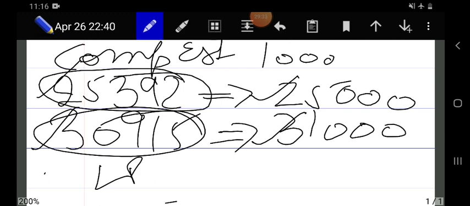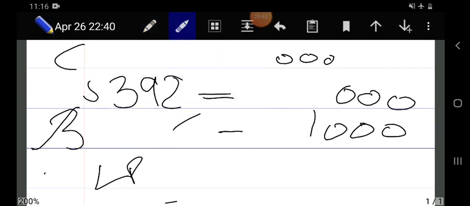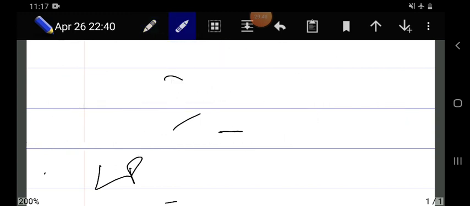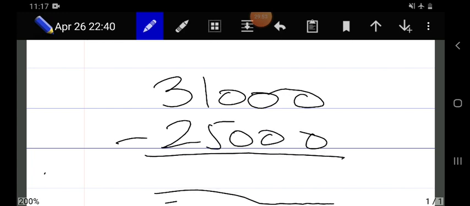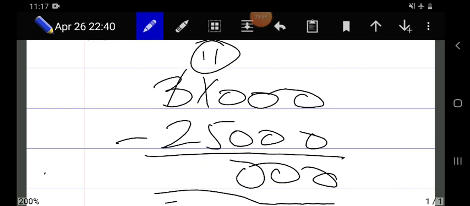So for finding the estimated value, we subtract 25,000 from 31,000. 31,000 minus 25,000: 1 becomes 11 and 2 remains as 2. 11 minus 5 is 6, 2 minus 2 is 0.